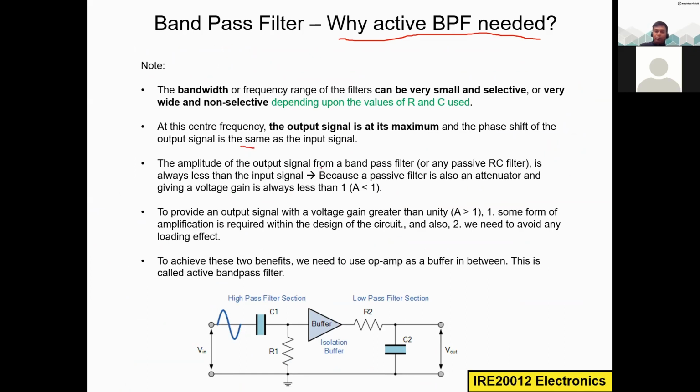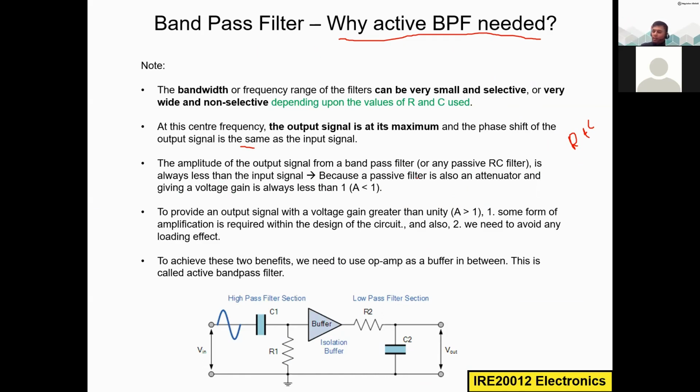The amplitude of the output signal from a band pass filter is always less than the input signal. Why? Because in the normal passive band pass filter, we are only using R and C. Whatever input you apply, the output is going to be less because there is always some voltage drop across the components.